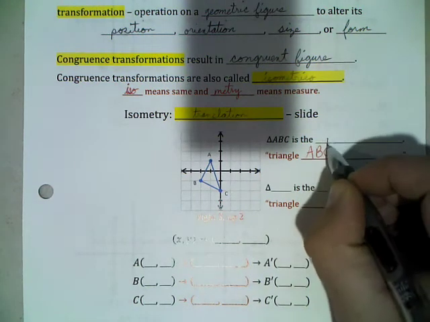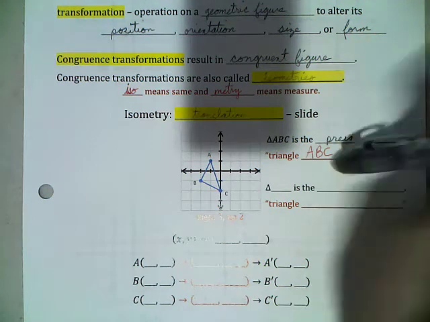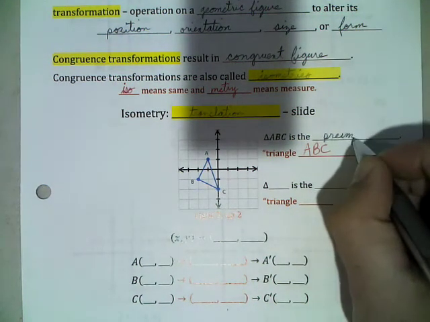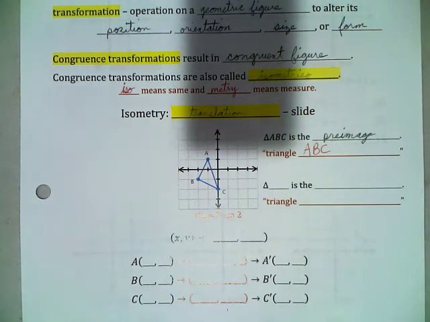So the prefix pre means before, and then we have image. So pre-image. The original figure is the pre-image. So triangle ABC here is my pre-image.